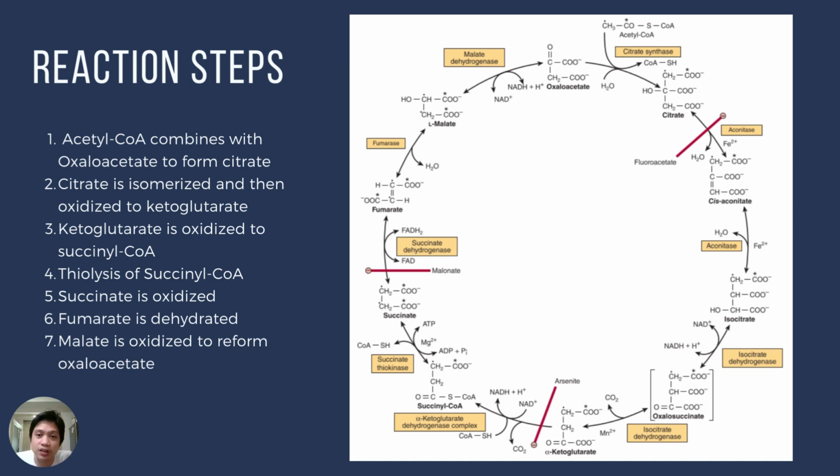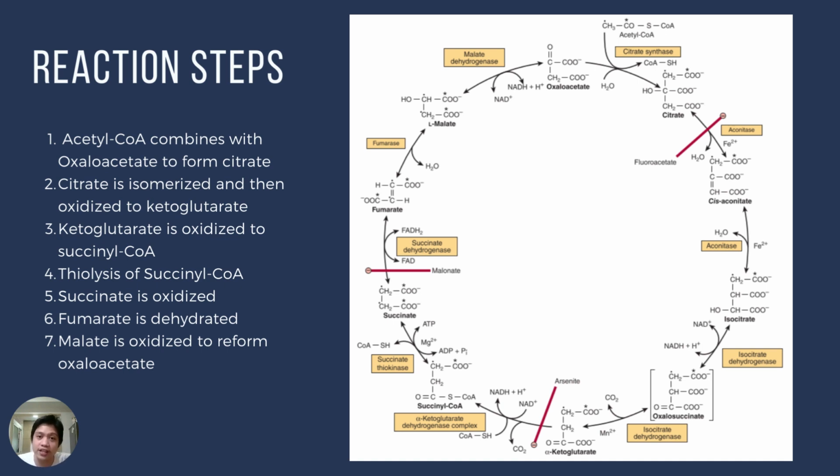Next, citrate will then be isomerized first into cis-aconitate, which basically occurs when water is removed from citrate. You then add the water back through the enzyme aconitase, which is a form of hydratase, which means it will add water. And then you will be able to form isocitrate.